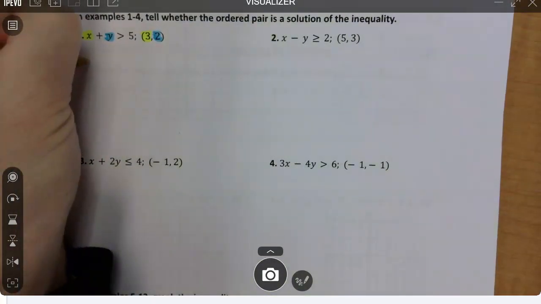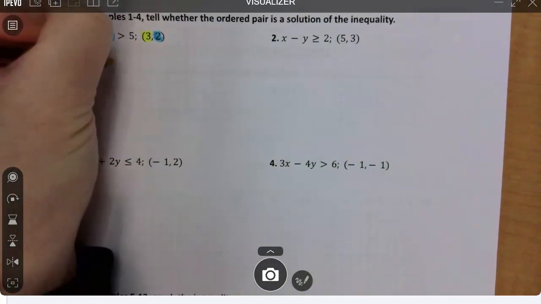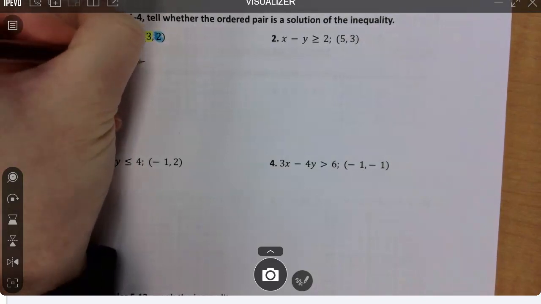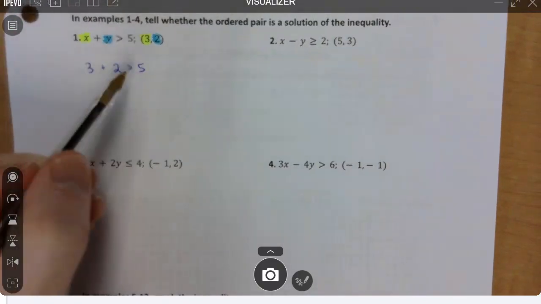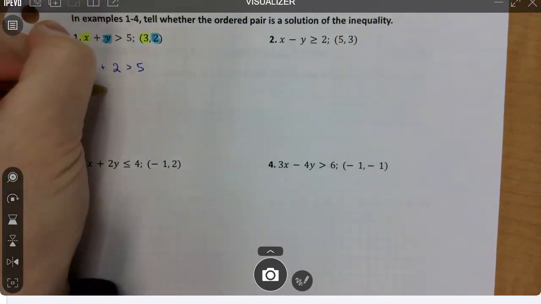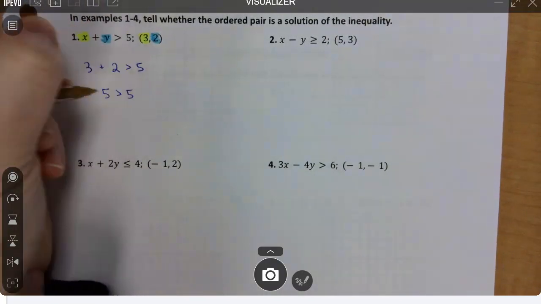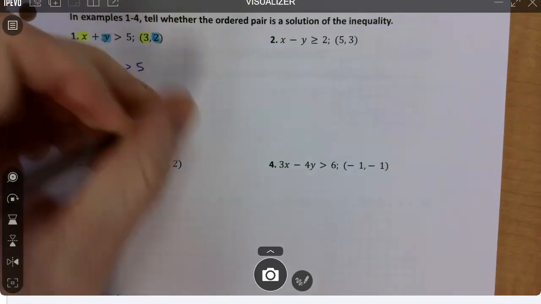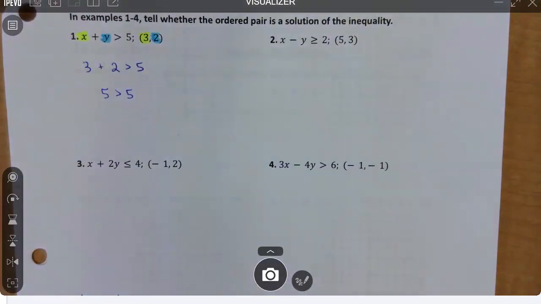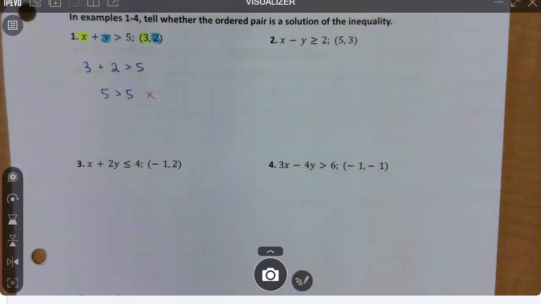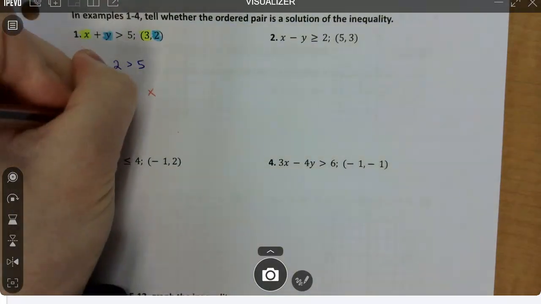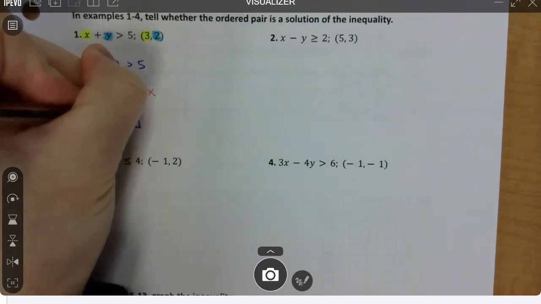So my x is 3, my y is 2, and I'm trying to determine, is the left side greater than the right side? Well, 3 plus 2 is 5. Is 5 greater than 5? No. I'm going to put an X, like on Family Feud. That doesn't work, so we would just say no, not a solution.